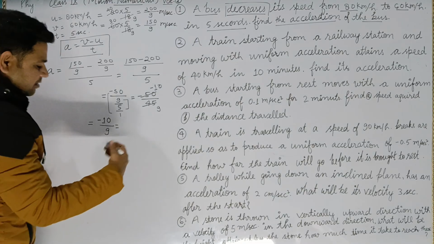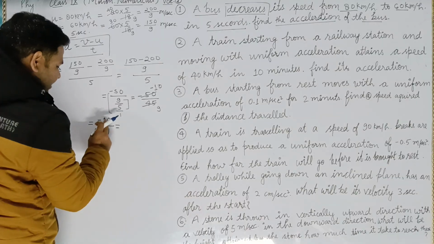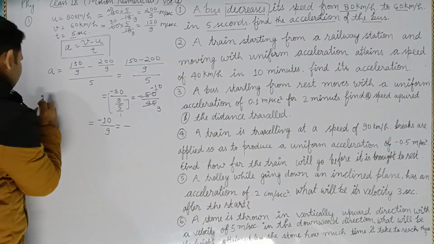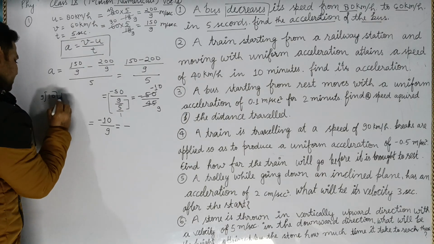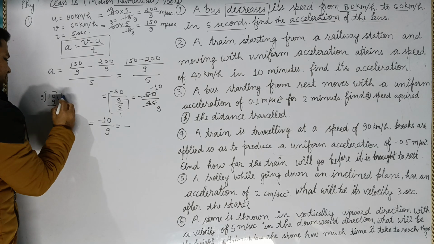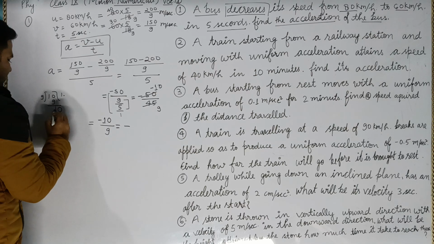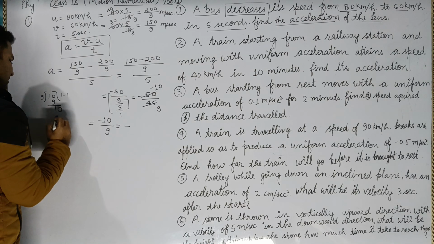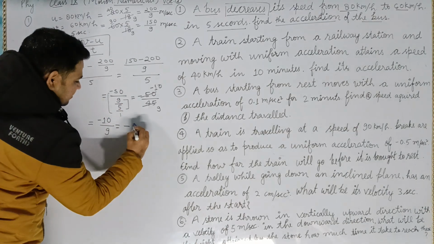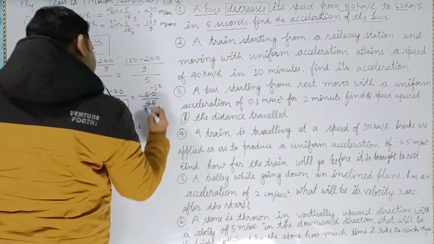Further, dividing minus 10 by 9, we get the answer: 9 ones are 9, we take a point and take 0, and further the result is minus 1.1 meter per second square.